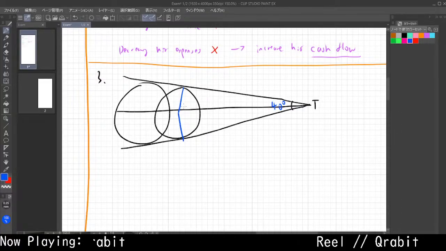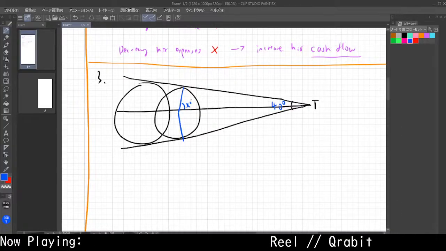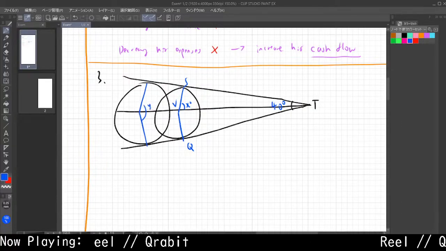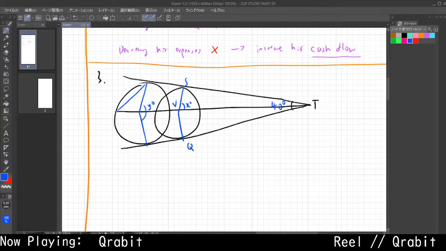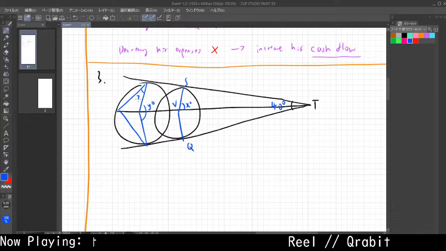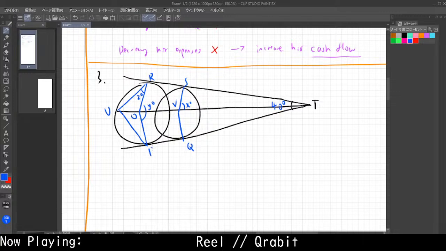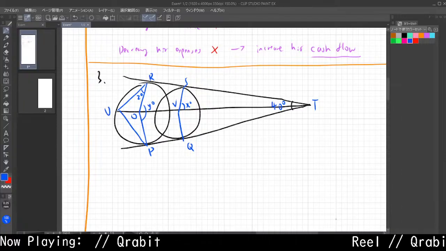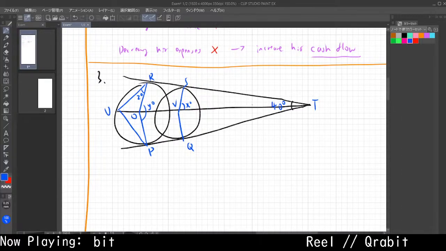This is X. This is B. This is S. This is Q. This is Y. This is Z. This is R. This is U. This is O. This is P. Okay, so we have the entire diagram. Okay, so you want to find X, Y, and Z.